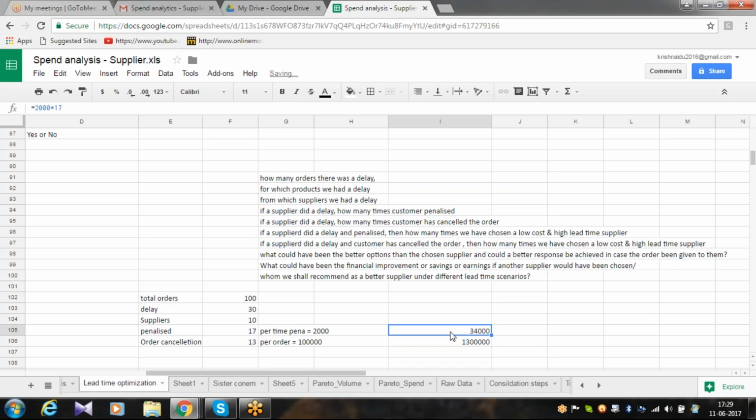And here it is 34,000. What is the total loss? 34,000 plus 13 lakhs. Now, this is my quantification of how much I lost because of those suppliers.